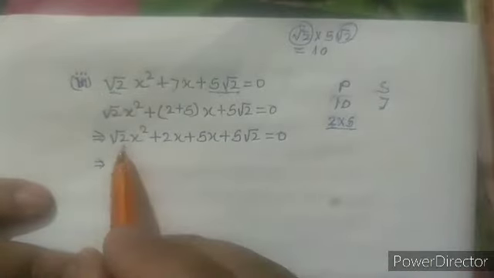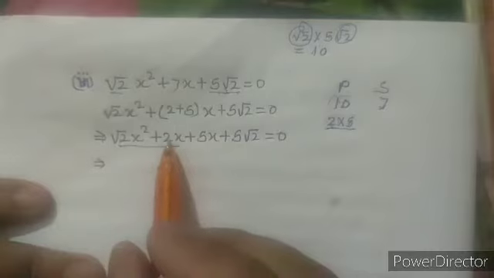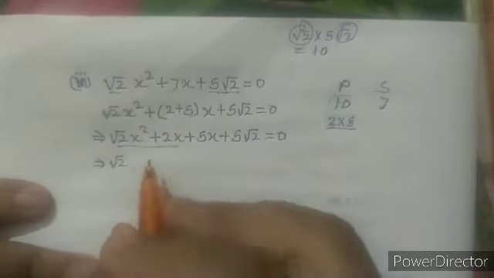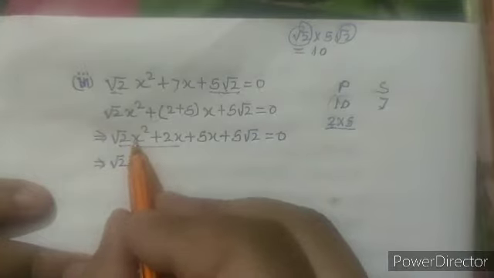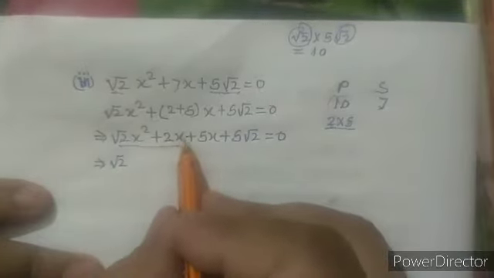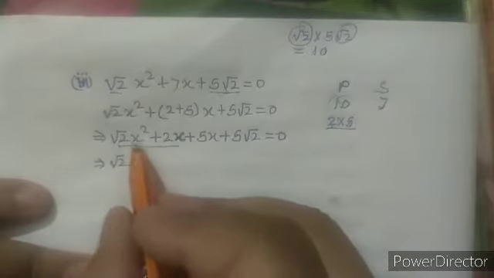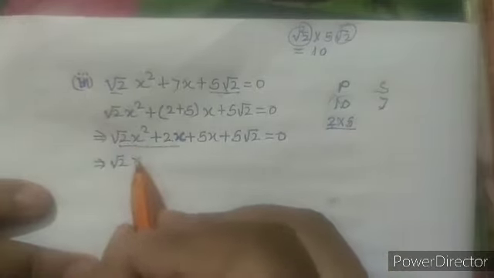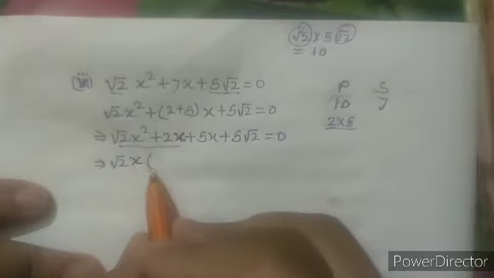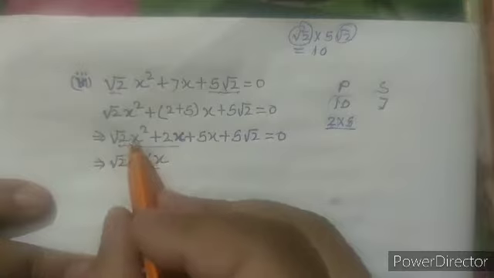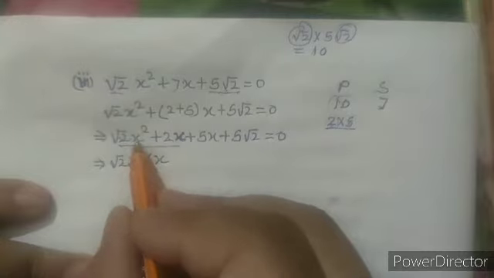Now if we see in first two, root 2 into root 2 will be equal to 2. That means root 2 is common in first and second term, and x square and x, the HCF of x square and x will be x, so we will take root 2x as common, and that will give us x. Now root 2x square divided by root 2x will give us x.